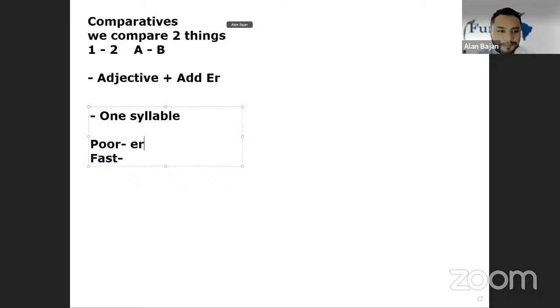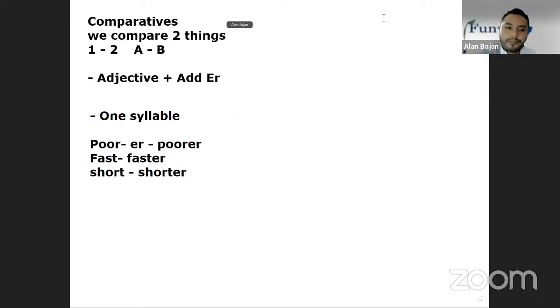Poor, poorer. Fast, faster. Short, one syllable, short, shorter. This is rule number one.